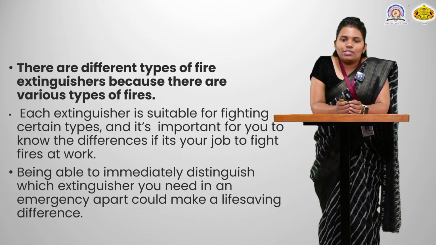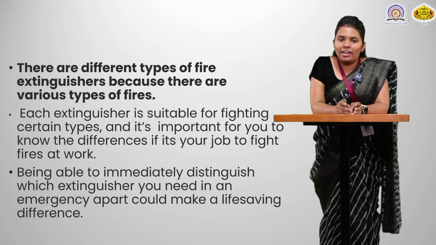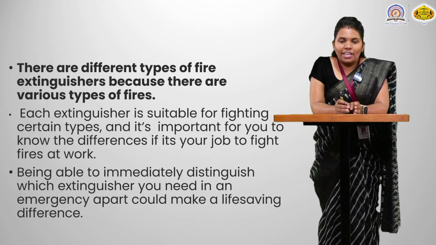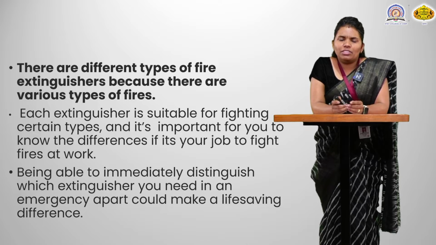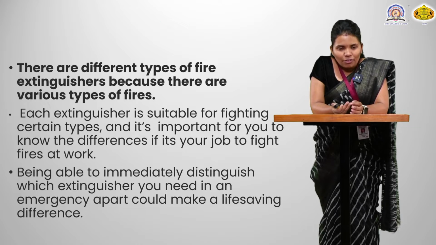Each extinguisher is suitable for fighting certain types, and it's important for you to know the difference if it's your job to fight fire at work. Being able to immediately distinguish which extinguisher you need in an emergency could make a life-saving difference. If you know which type of fire it is, you can easily work out which extinguisher to use.